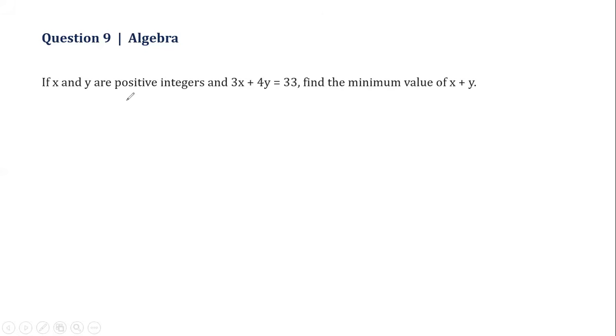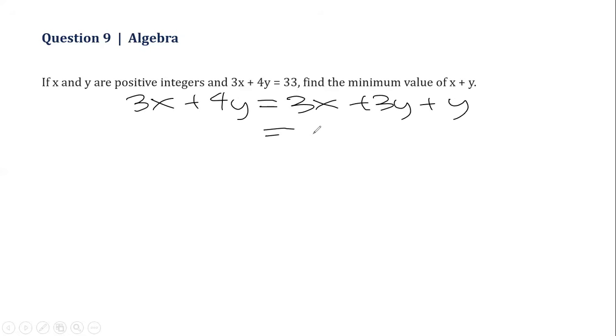So here, we can rewrite 3x plus 4y into 3x plus 3y plus y. So why are we doing this? So that it becomes 3 times x plus y, plus y.